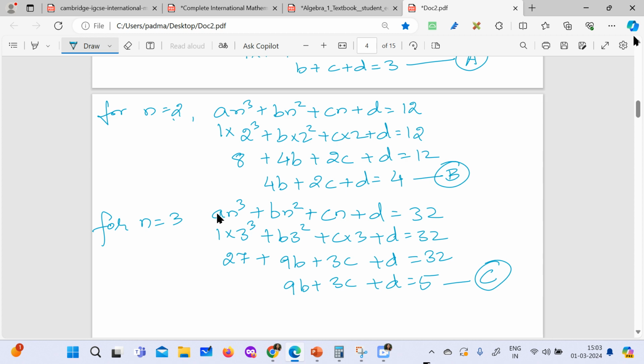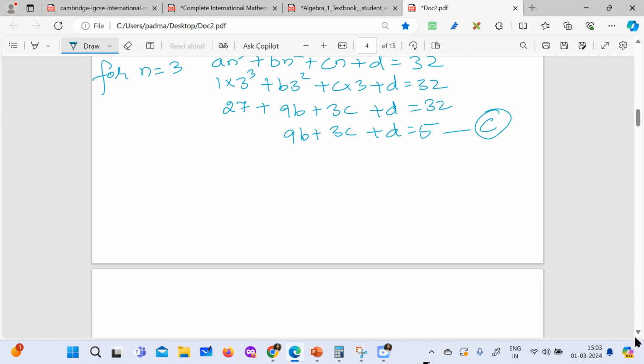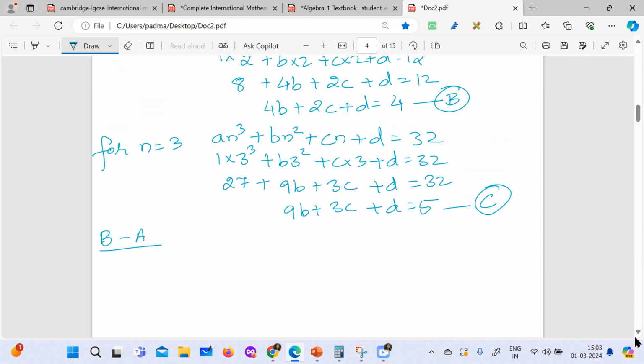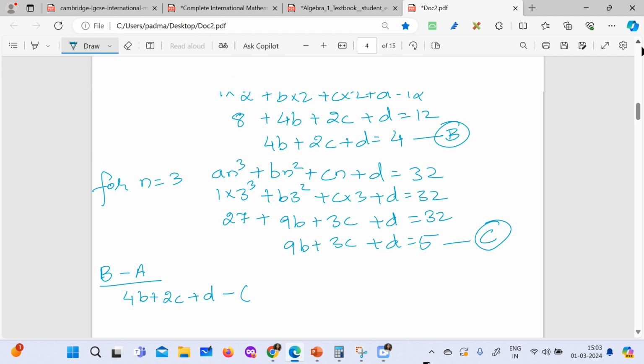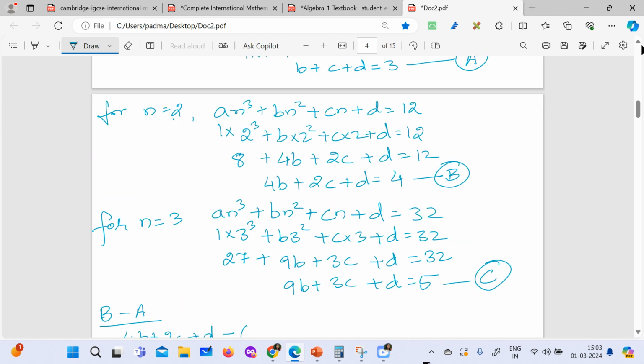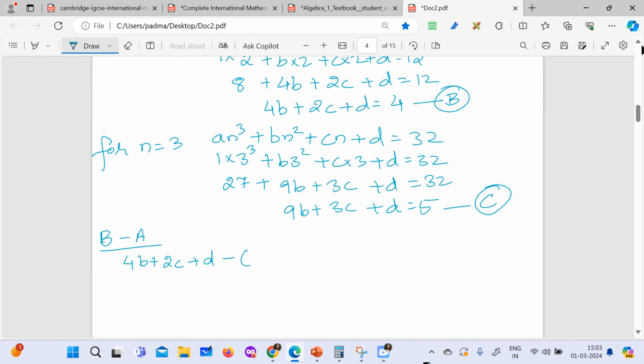Next step we will have B minus A. So what is B here again? B is 4b plus 2c plus d minus, and I will put a bracket. Let me see what is the equation for A. It is b plus c plus d is equal to 3. Since it is B minus A, it will be now 4 minus 3.